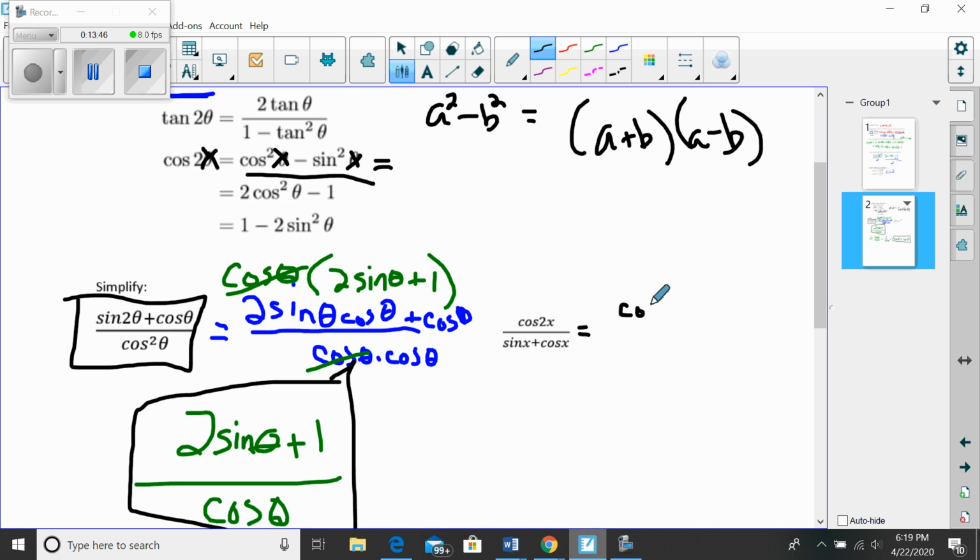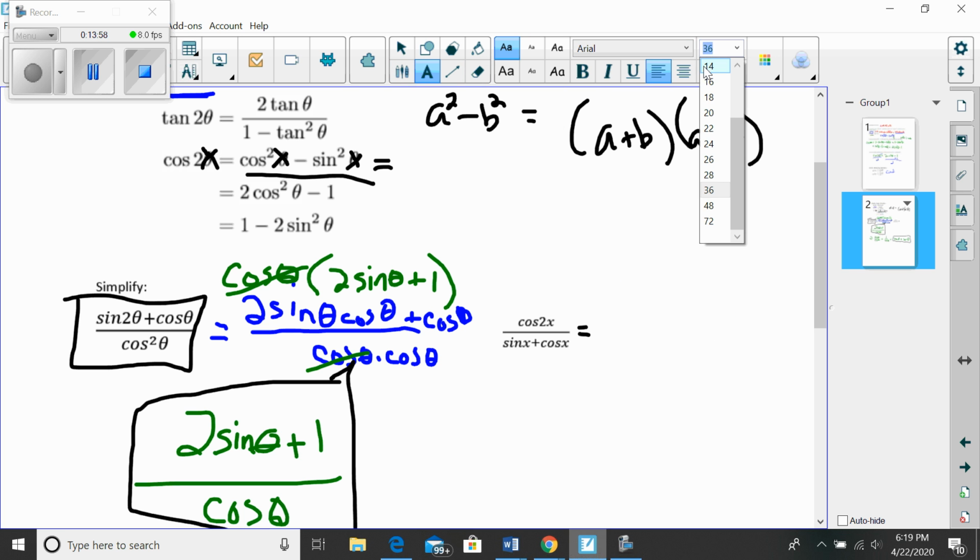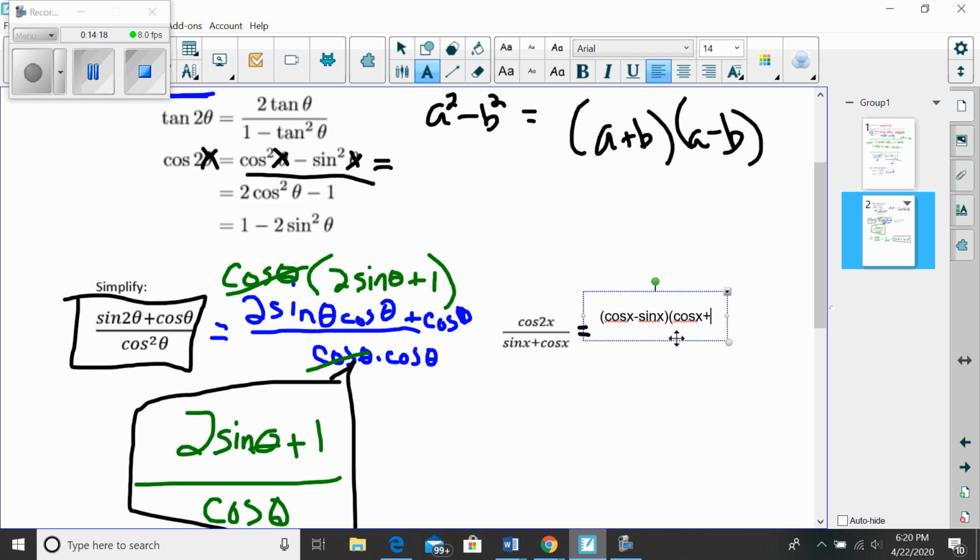Because what I'm doing is I'm paying attention to what's in my denominator. So in the numerator, I would have cosine x minus sine x times cosine x plus sine x.